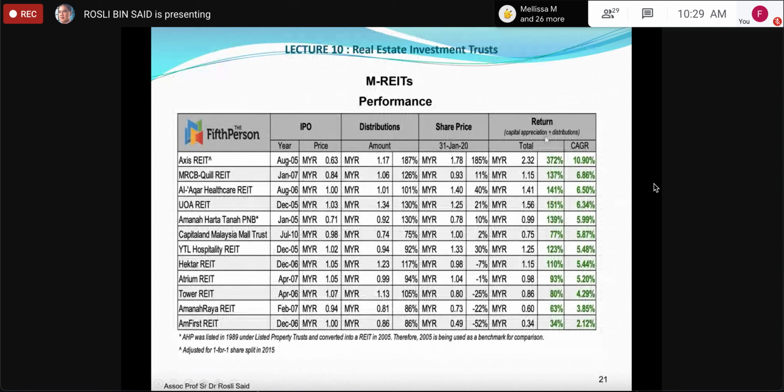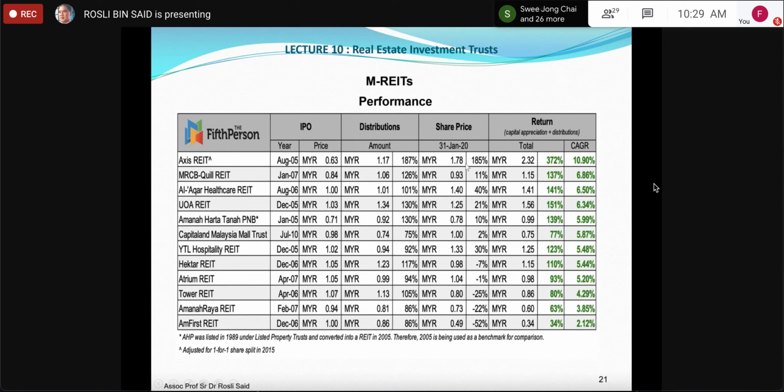So this is the recent figure that I got from the companies. Basically, we can see that for IPOs, initial public offerings, when they want to expand, they have to come up with a real estate investment trust. So we can see here the price in August 2005 for Axis REIT was only 0.63, but now it is 1.78.